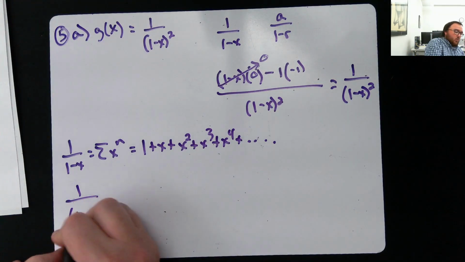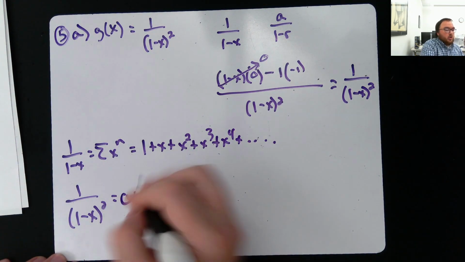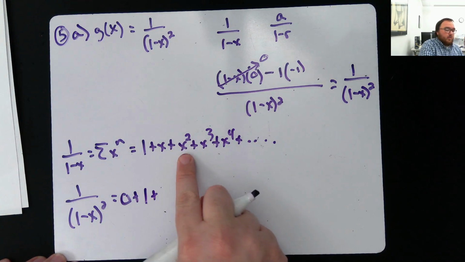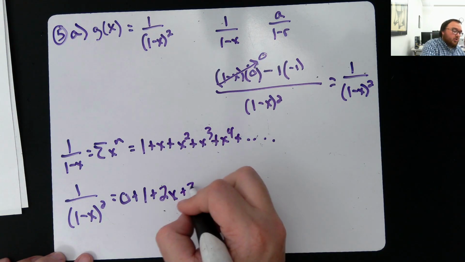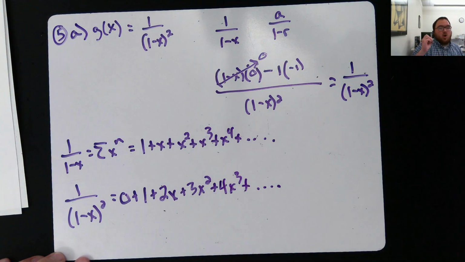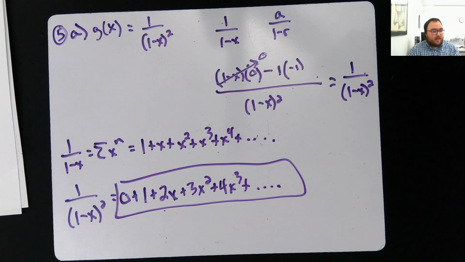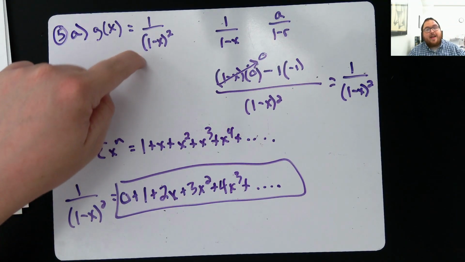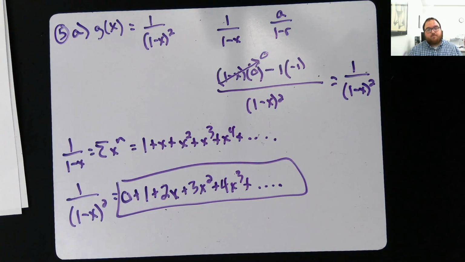So the power series for 1 over (1 minus x) squared: the derivative of 1 is 0, the derivative of x is 1, the derivative of x squared is 2x, the derivative of x cubed is 3x squared, the derivative of x to the fourth is 4x cubed, on and on, which is the same as what I got on my last one. So this is just another way. That's my answer. So once again, I recognized this was the derivative of something that I know. So do the one I know and then take the derivative. That's all I did.